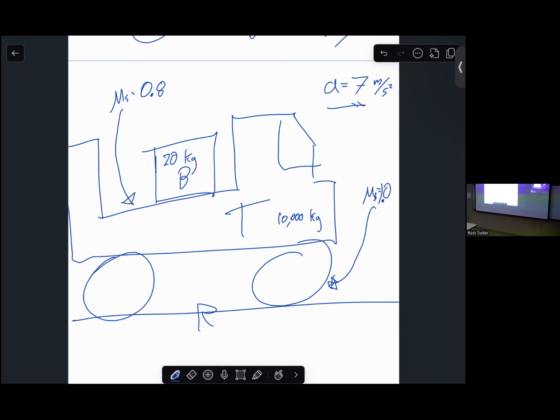Okay, so my challenge question for you is, the truck is accelerating along at 7 meters per second squared, and I'm going to tell you that this time the box is not slipping or sliding relative to the truck bed. It is being moved along perfectly well with the truck. Can you tell me, Google question W, what is the static friction on the box?